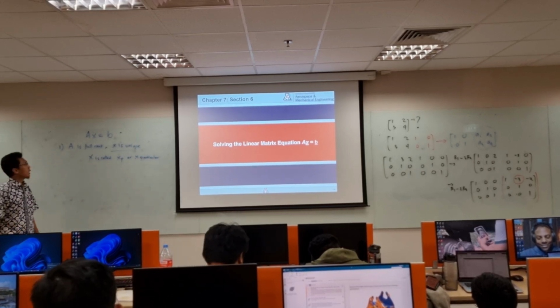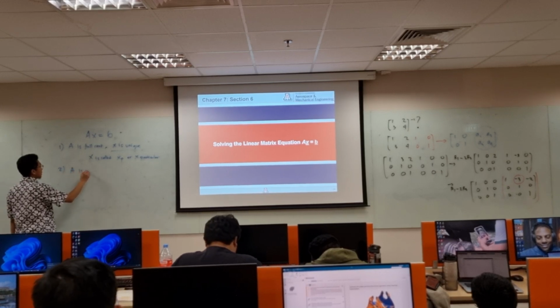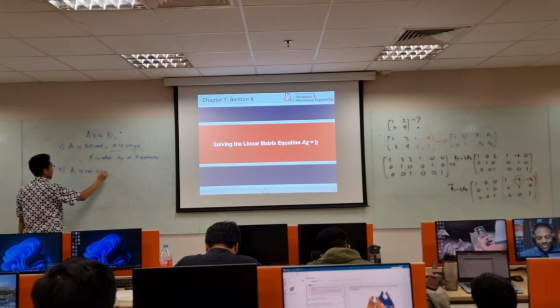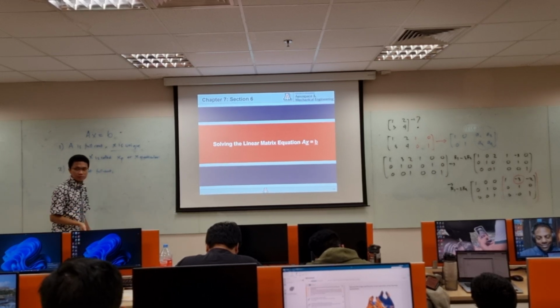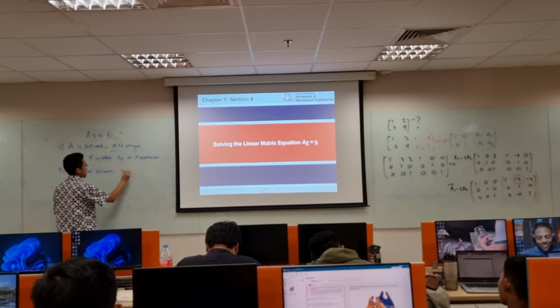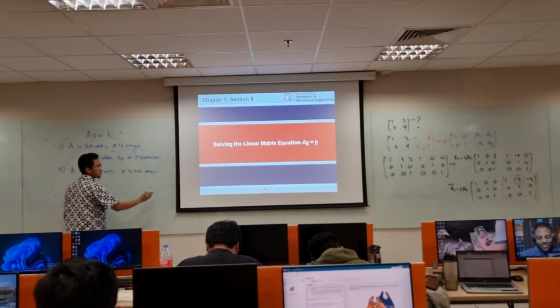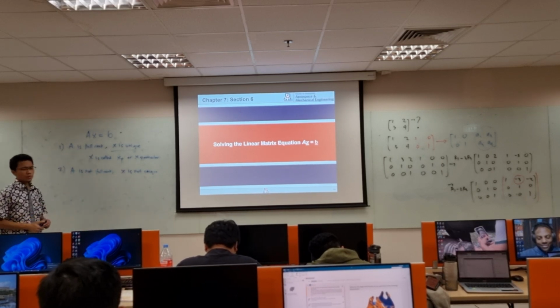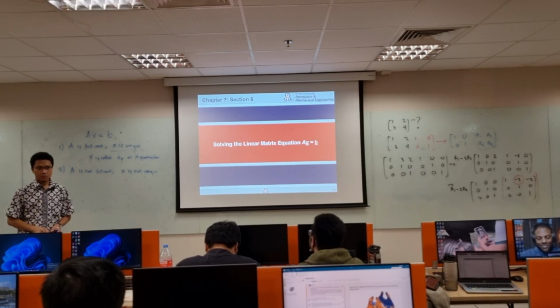However, for the second condition, when A is not full rank and suppose you have a solution, X is not unique. You have infinitely many solutions.